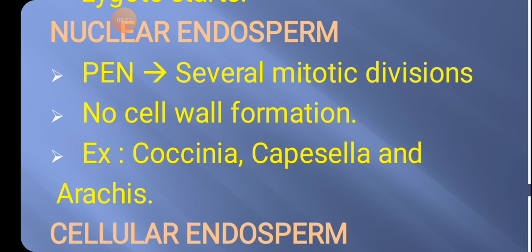After forming the nuclei, there is no cell wall formation. Continuously mitotic cell division is happening, so the nuclei only multiply and are present freely in the endosperm. So there is no cell wall and no complete cells are present; only nuclei are present, so it is a nuclear endosperm. Examples: Coccinia, Capsella and Arachis.